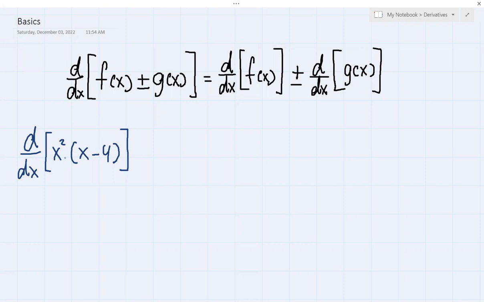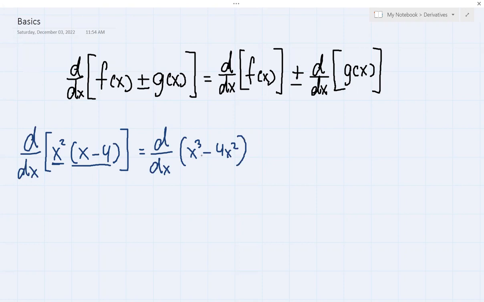Okay? Try nyo itong i-distribute si x squared dito sa expression. What will happen? Okay, if we distribute x squared to this expression, yung naka-parenthesis, then ang mangyayari dyan, we will have x cubed minus 4x squared. Yan yung mangyayari. Okay?